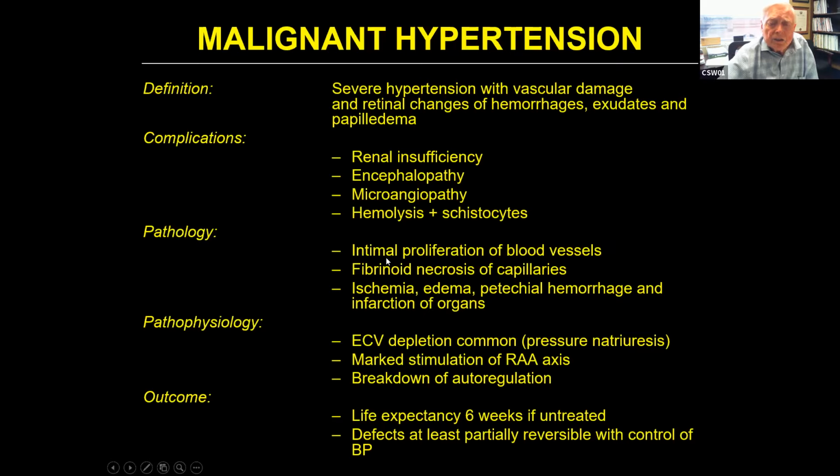And because there's this onion skinning here and ischemia of the glomeruli, there's intense activation of the renin-angiotensin axis, which leads to more vasoconstriction in the kidney, more release of renin, a vicious cycle, and a breakdown of autoregulation. So in this particular setting, we don't want to cause further volume depletion and renin stimulation, and we avoid the use of diuretics in the acute phase.